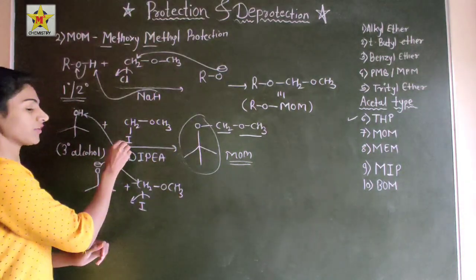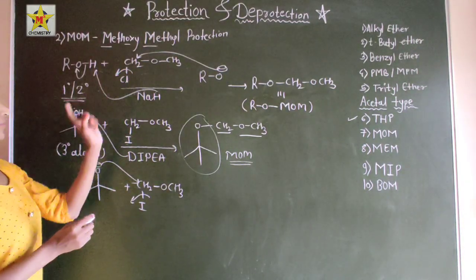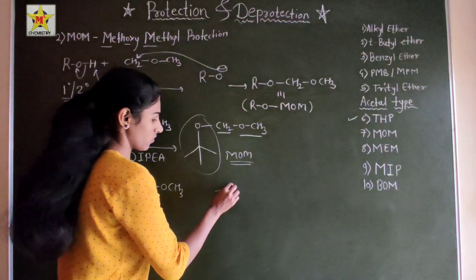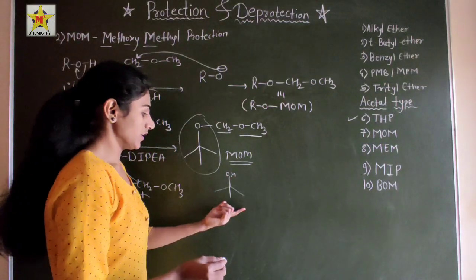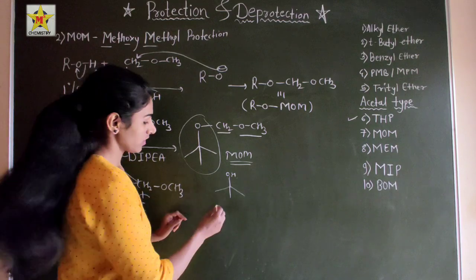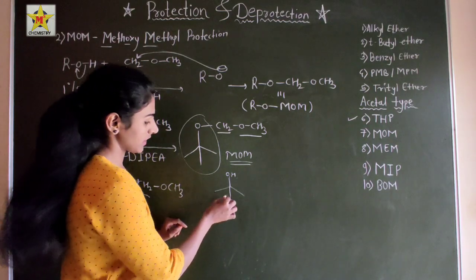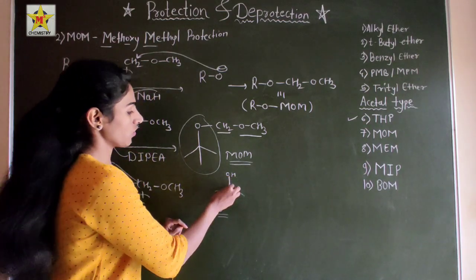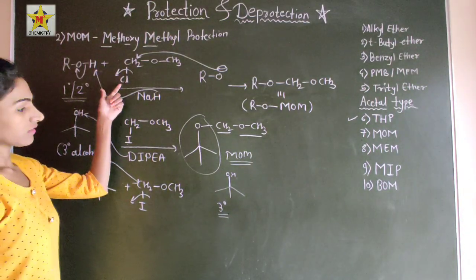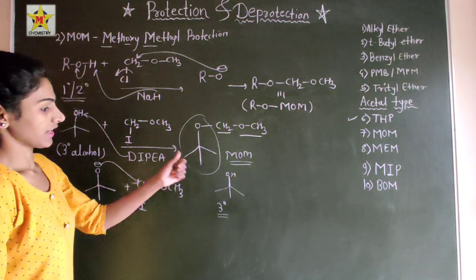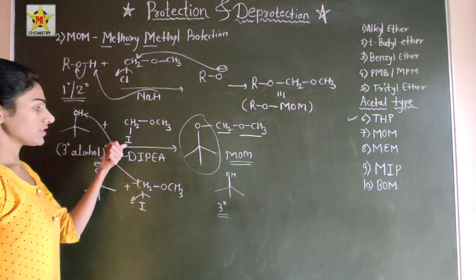Why do we use iodine here, not Cl? Because when there is tertiary alcohol in the reaction, it has steric crowding. So Cl reacts slowly in this reaction, but iodine is more reactive.